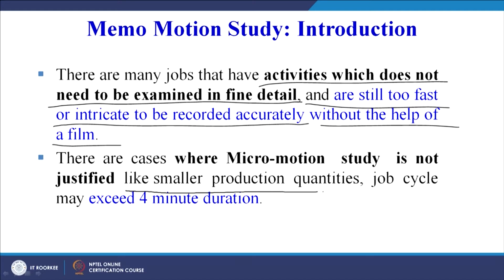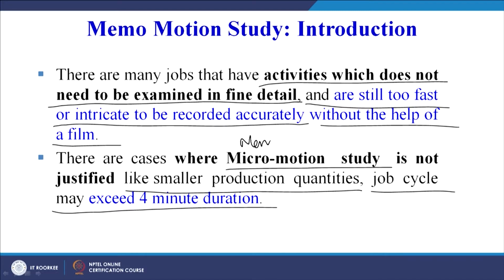There are cases where micro motion study is not justified, like smaller production quantities, or where the job cycle may exceed 4-minute duration. So this is giving us a difference between the micro motion study and the memo motion study, that where we must go for memo motion study and in which cases we must go for a micro motion study.